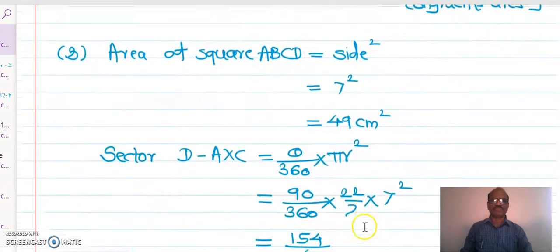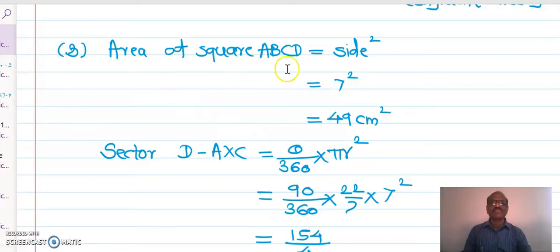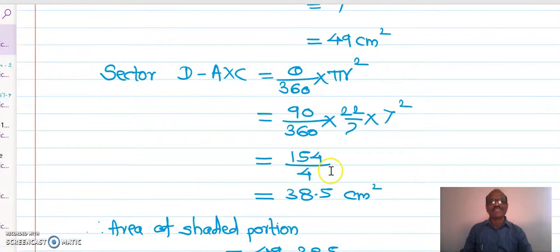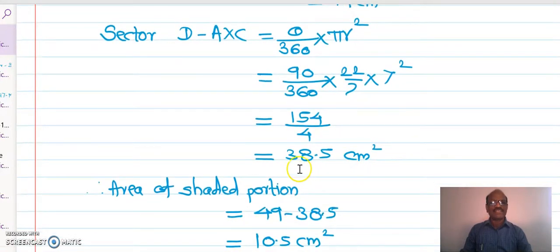The area of the square is side square, which is 7 square, that is equal to 49 square centimeter. Again, for the sector D-AXC, area of sector is theta upon 360 into pi r square. That is 90 upon 360 into 22 upon 7 into 7 square. After the calculation, you will get 154 upon 4, and that is 38.5 square centimeters.